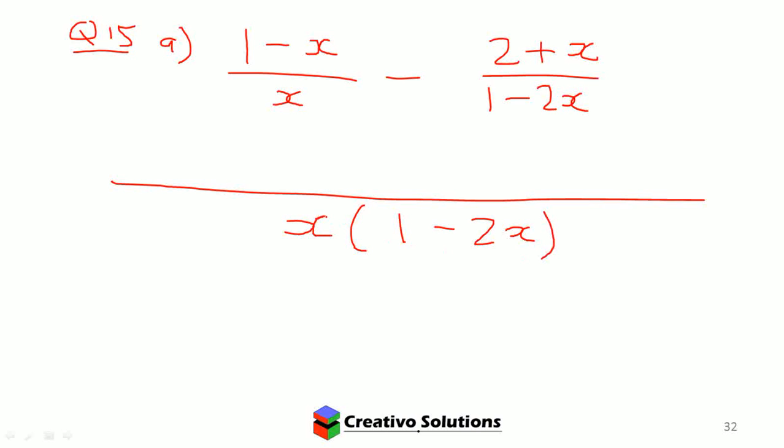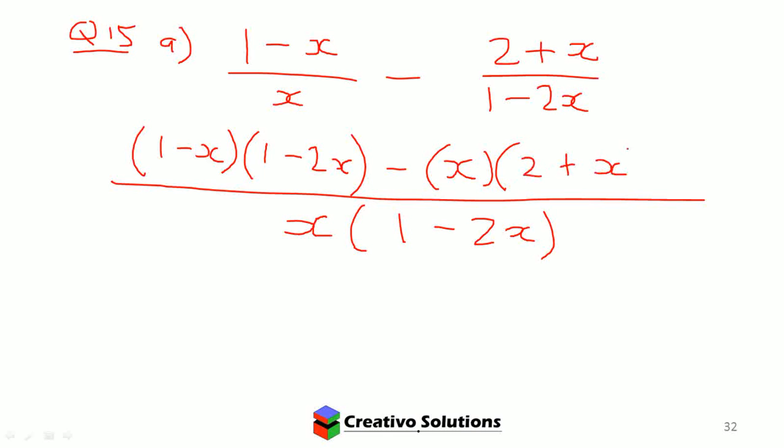For the first term, I'm going to have to times the numerator by the missing bracket, because I'm going to create it at the top and the bottom. So I'll have (1 minus x) times (1 minus 2x), minus. Then on this side, I've got the (1 minus 2x) already, so I just need to add the (x minus 2) here, and I'm going to multiply that by (2 plus x).